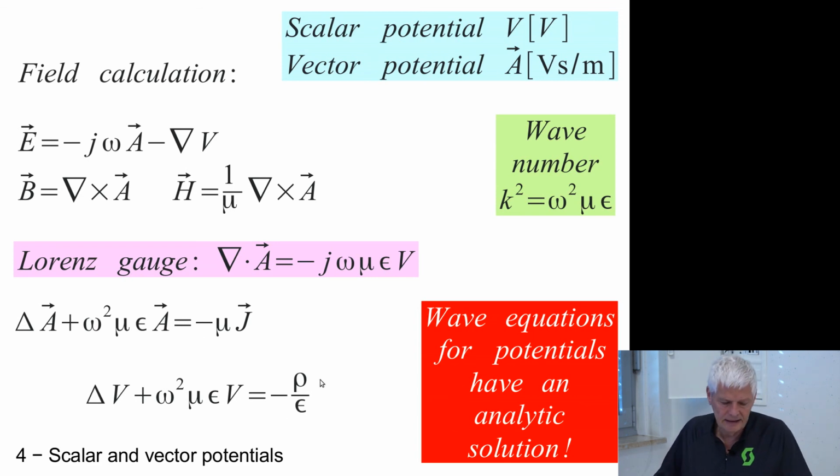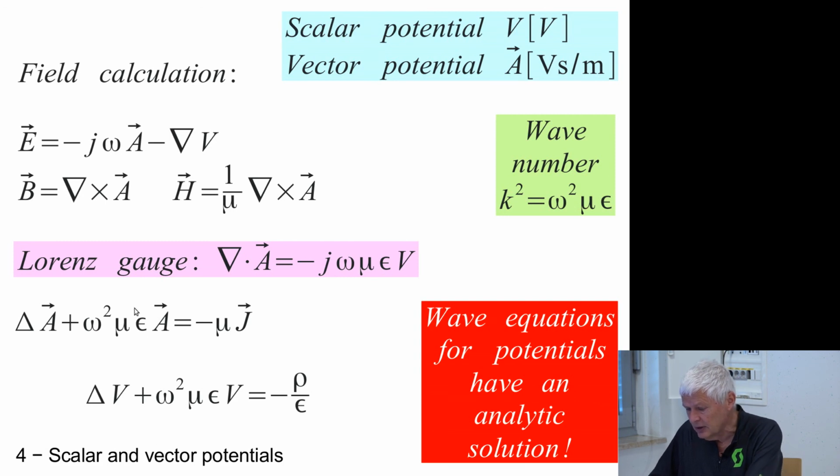And as I said, sources may have a distribution that has singularities. We do not need any differential operations over the sources, and that's the real value of introducing potentials. Inside the wave equation itself, we always get a constant that's omega squared times permeability times permittivity.